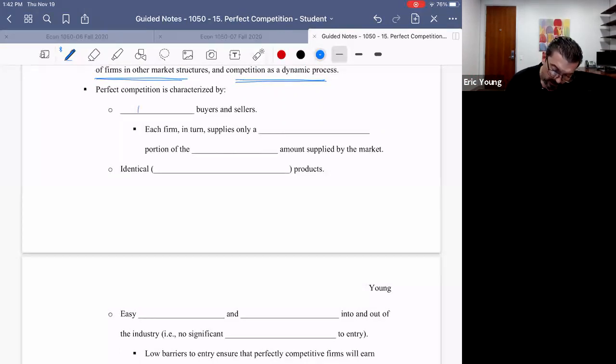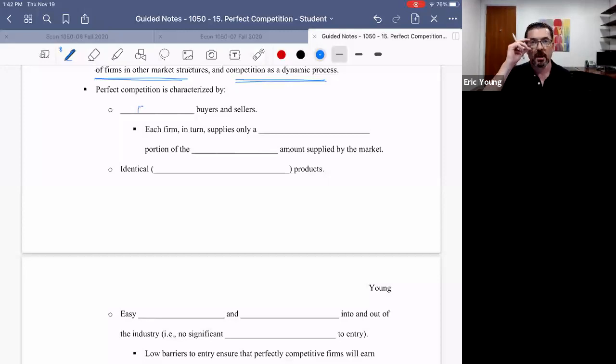Well, there are a few. The biggest thing is that there are many buyers and sellers. That's one big characteristic. In other words, what this means is that each individual firm supplies only a very, very small portion of the total amount supplied by the market.